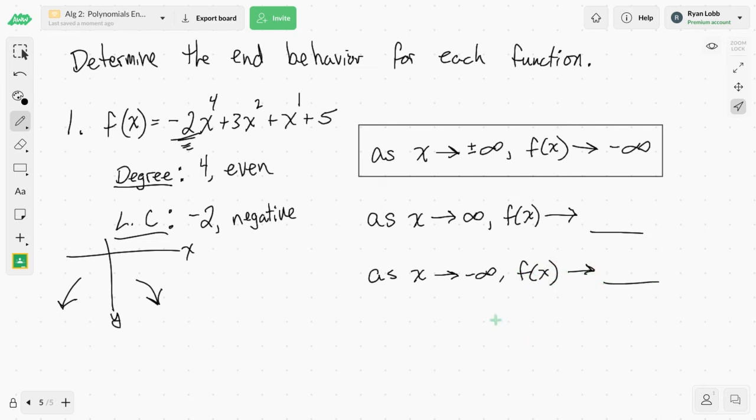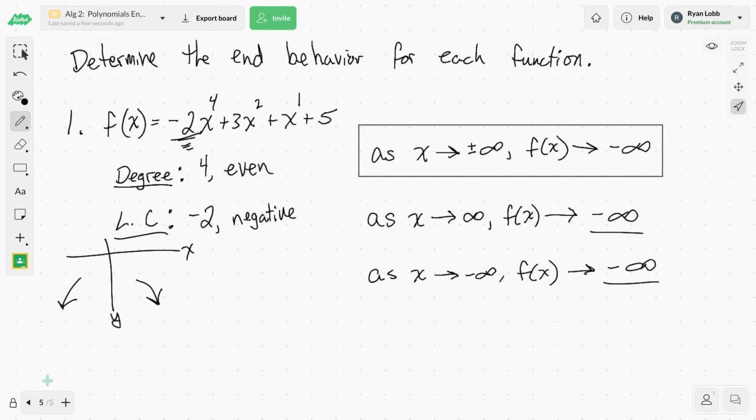And now just fill in the blanks. You could always do it this way because this is going to be true every time, no matter what, even, odd, positive, negative. And now we could sit in here. Oh, well, this is negative infinity and this is negative infinity. All right, so these two are the same thing. It's just because both sides do the same thing, we can wrap up these two statements into one. Okay.